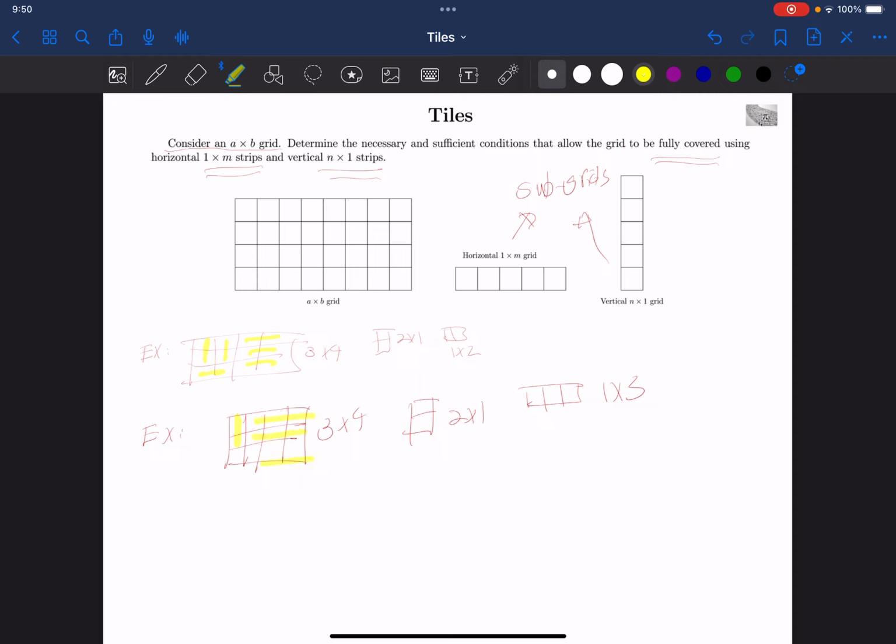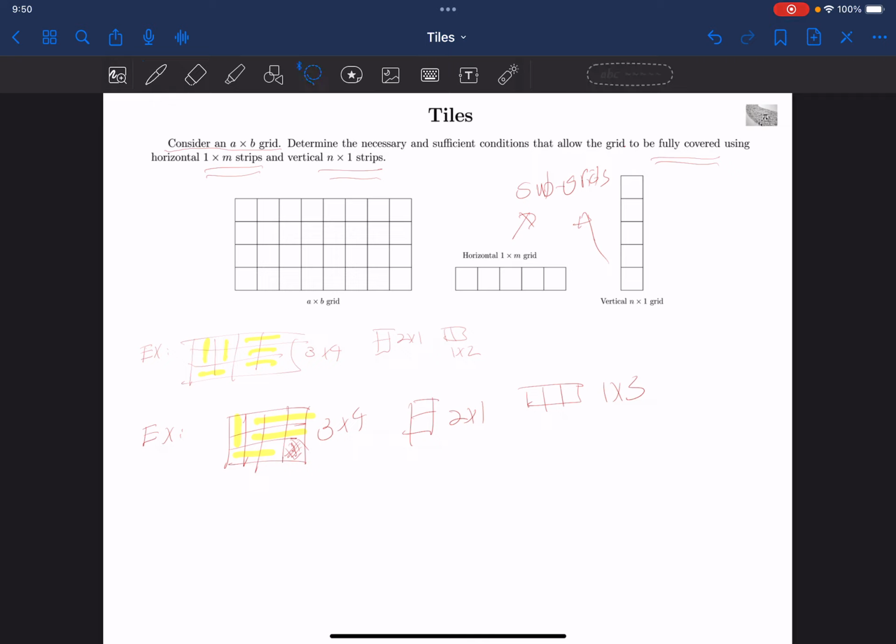Then down here, I'm basically stuck. I don't know how to tile this part using 1 by 3 and 2 by 1. Once I place one of them here, I'm left with one square that is not covered.